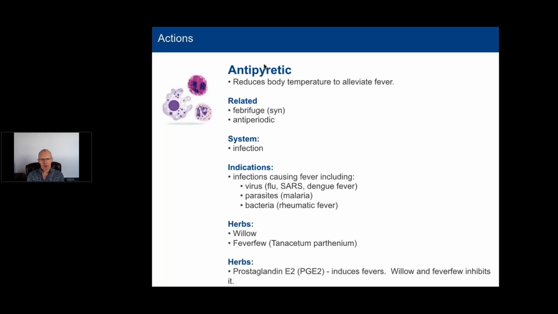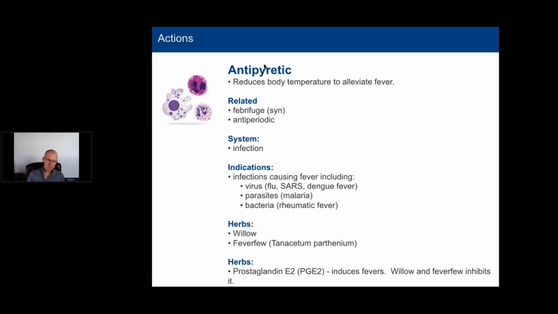And there's a particular prostaglandin E2, so PGE2, which is involved. It appears like it becomes elevated when people have a fever, and I guess it's one of the things that stimulates the fever or induces a fever. And it appears that willow and feverfew both inhibit the release of this prostaglandin, so that may be one of the mechanisms how it works.